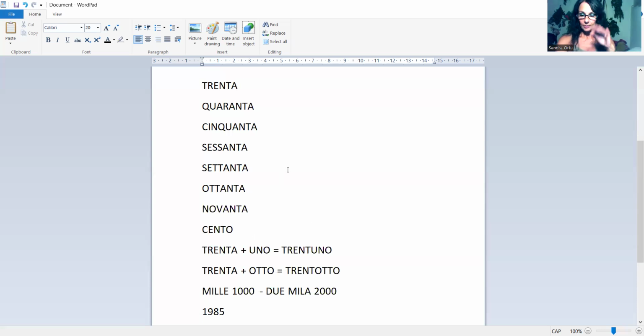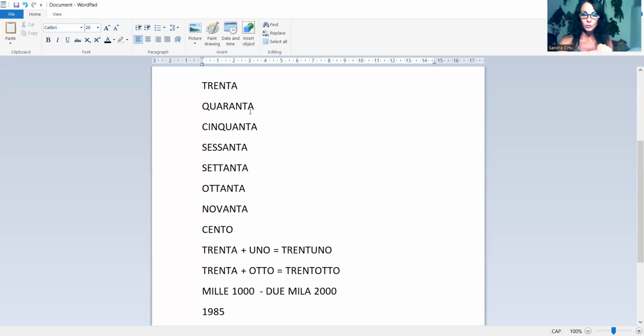So for all of them from 20 to 90, I've used just one example with 30, together with number 1 and number 8, and see what happens. We have two vowels here, so we drop the last vowel.